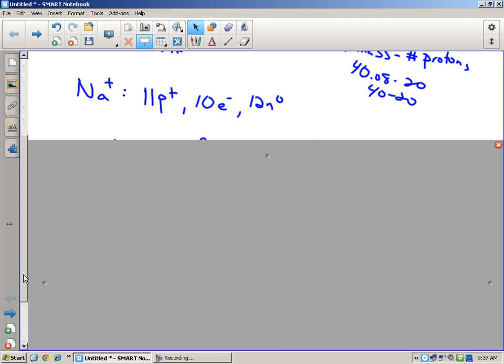And then, of course, don't forget, the protons and the neutrons equals the mass. So in this case, sodium is 22.99, so 23. So 11 and 12, 23. So that's the first thing we probably need to review there.